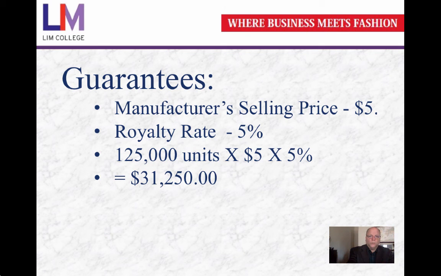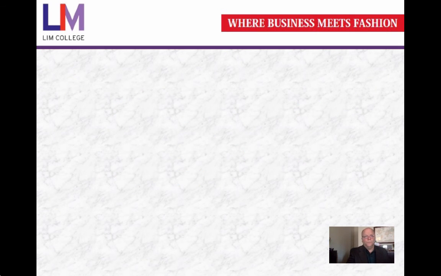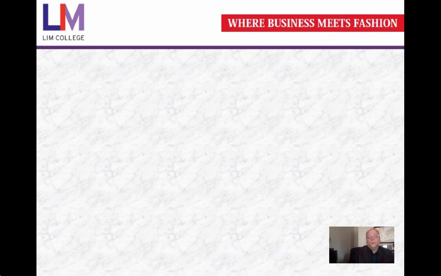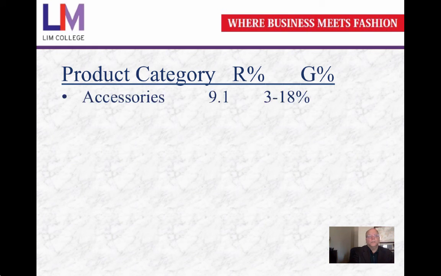Those are your royalties that went to the licensor. However, the guarantee was $34,375. You still owe the licensor $3,125. Make sense? If you have any confusion, please give me a call, email, or even text me.